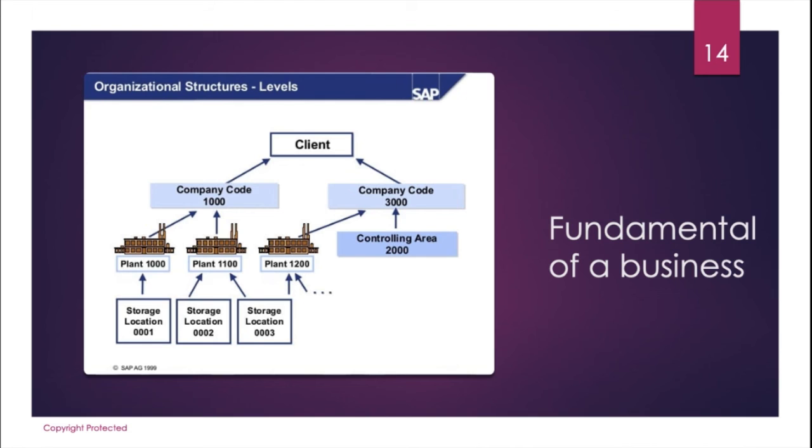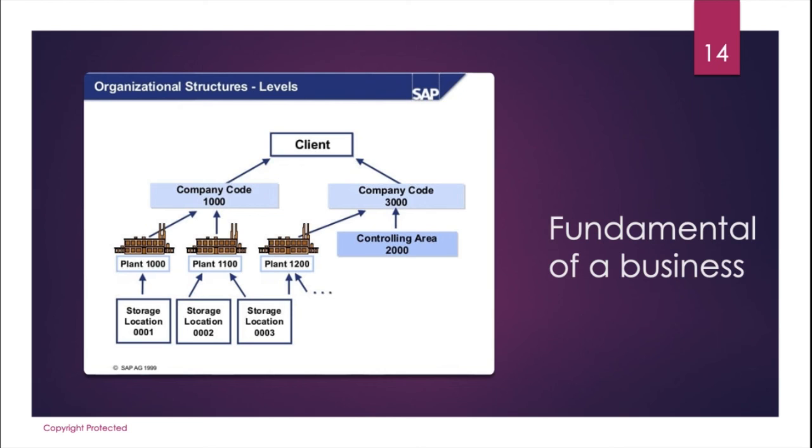Before going forward, I want you to pay attention and imagine the type of business. It is not necessary that it is only manufacturing. If the business is a service industry, an FMCG industry, or banking, everywhere, according to the business need, an SAP configuration needs to be done.